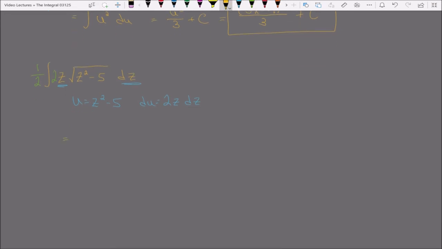This antiderivative now becomes 1/2 the antiderivative of square root of u du, 1/2 the antiderivative of u to the 1/2 power du. That'll be 1/2 times u to the 3/2 divided by 3/2 plus a constant.